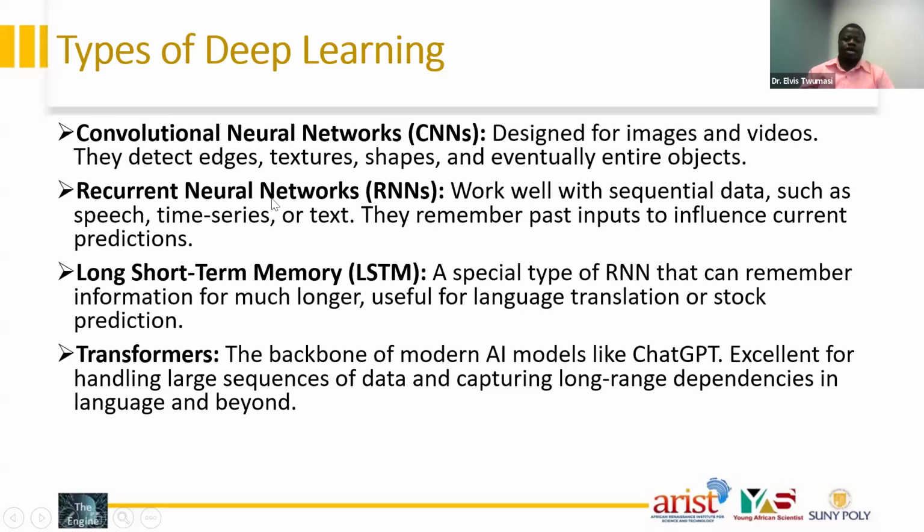There's something we call recurrent neural network, and it works well with sequential data, right? So when Google started, if you realize, let's say you go online and you are typing something, there are some suggested words that come along with it, right? So these are recurrent neural networks. They're able to learn from the previous data that you gave them and make predictions of what you're typing.